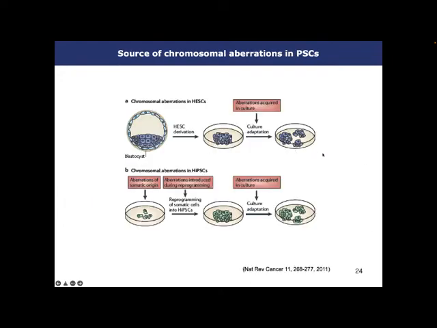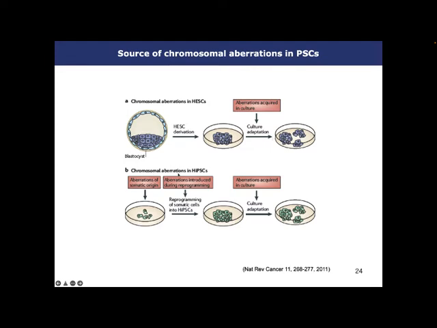And this chromosomal aberration is generated in multiple steps during the reprogramming. So for the embryonic stem cell, this is the process of embryonic stem cell derivation. From the blastocyst, the inner cell mass is cultured in the dish. And during the long-term culture of the embryonic stem cell, aberrations are acquired in culture because of the quick proliferation of these cells, and multiple mitoses are a risk for the generation of chromosomal abnormality.